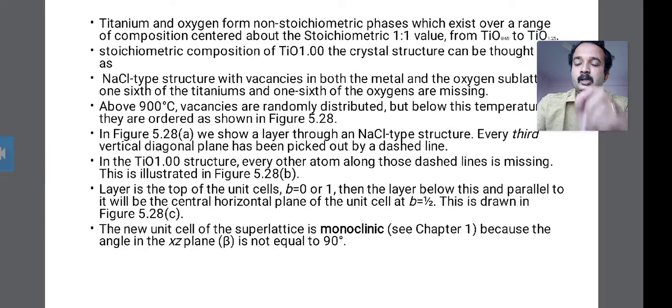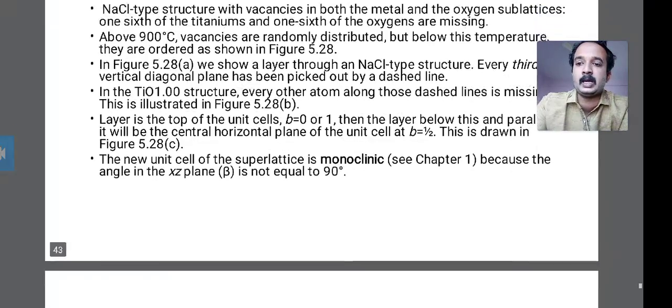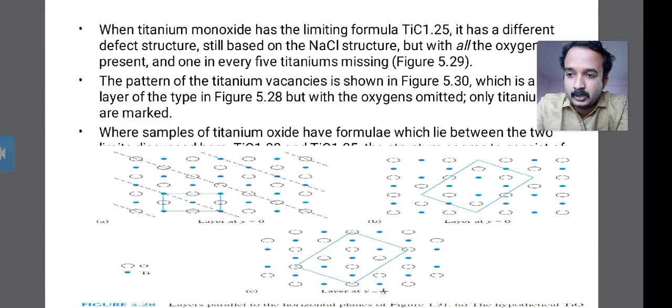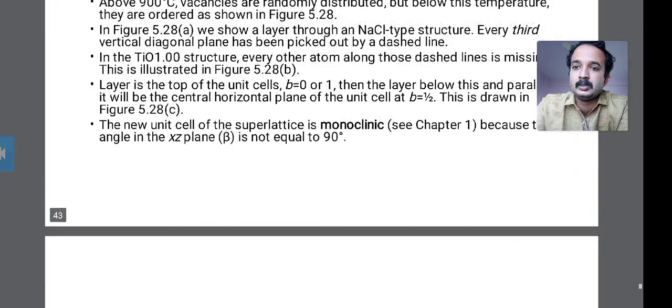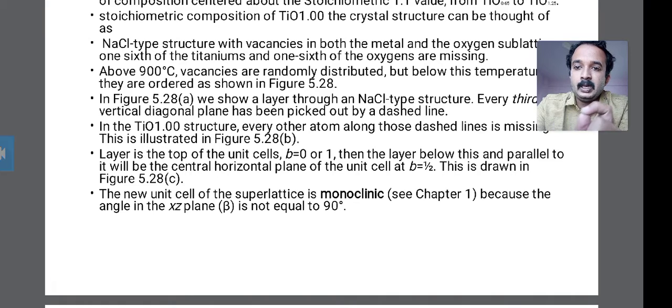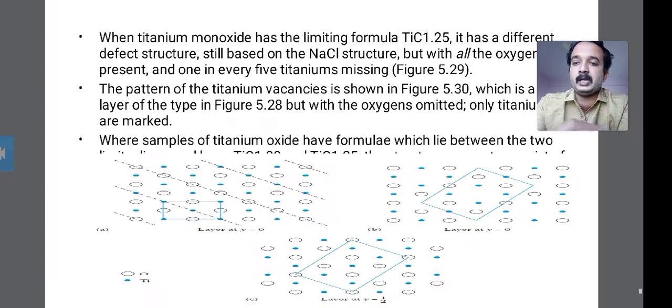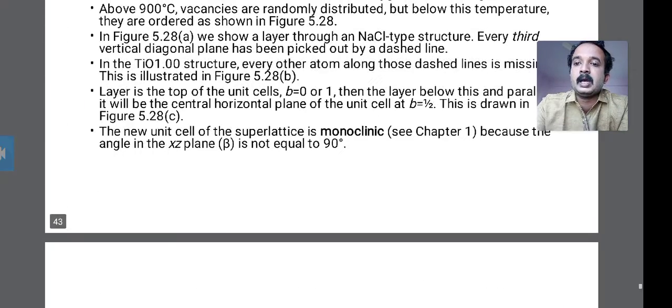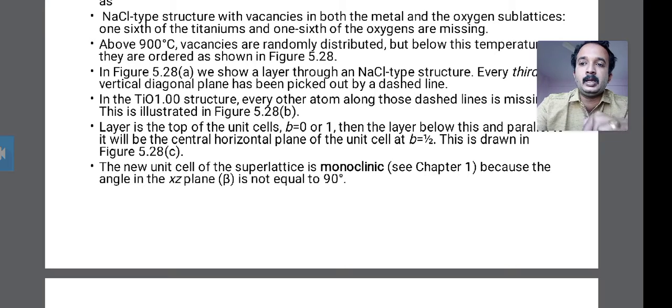In figure 5.28a, the figure shows the layer through a sodium chloride type structure, and every third vertical diagonal plane has been picked out by the dash line.